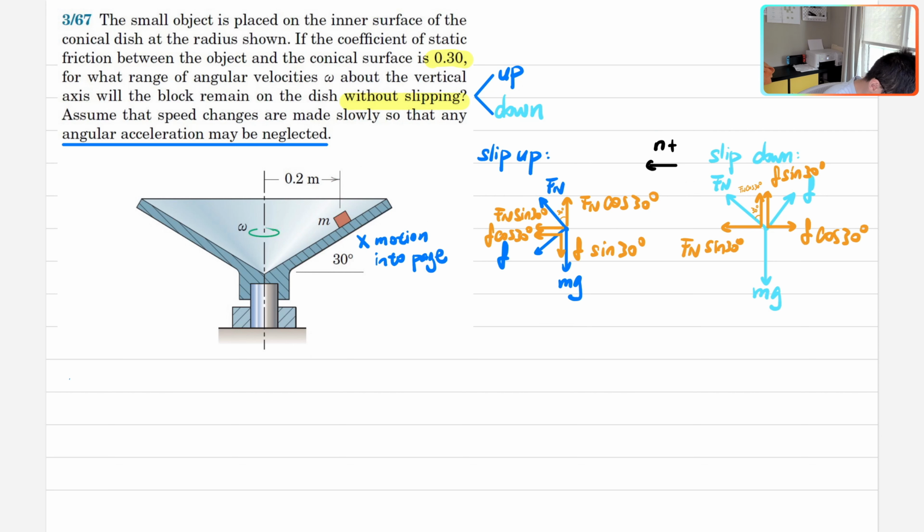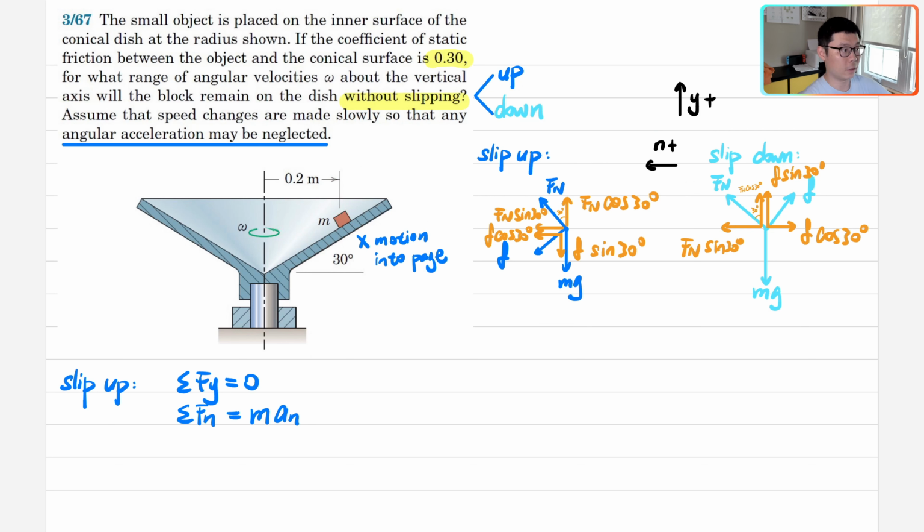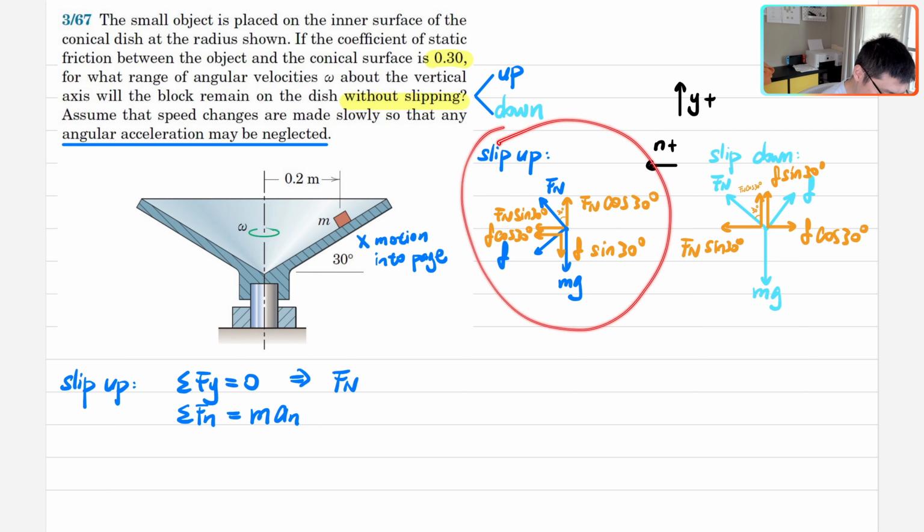Slip up, when the block is going to slip up, or just before it's going to slip up, you have sum of Fy equal to 0. Again, just to remind myself, this is my y positive direction. Sum of Fy equals 0, and also sum of Fn equals m times the normal acceleration. Now, I'm looking at the slip up scenario.